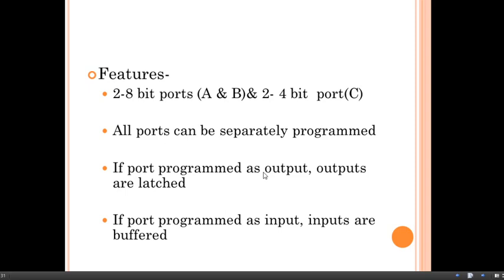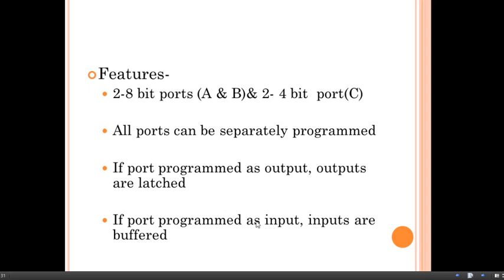Now the features. In this mode there are two 8-bit ports A and B and two 4-bit ports, that is port C. All ports can be separately programmed. If a port is programmed as output, then the outputs are latched, and if the port is programmed as input, then inputs are buffered.